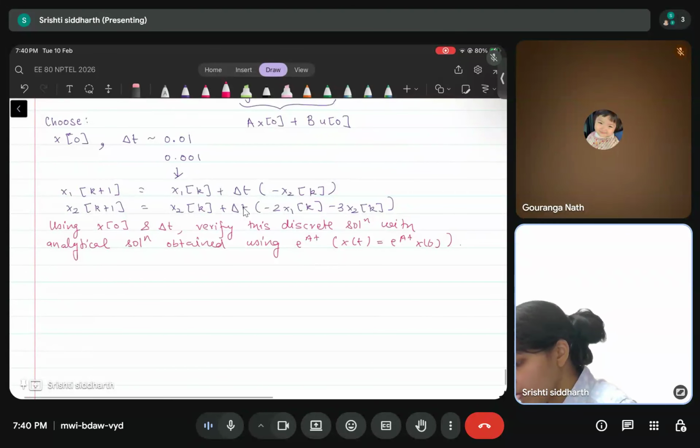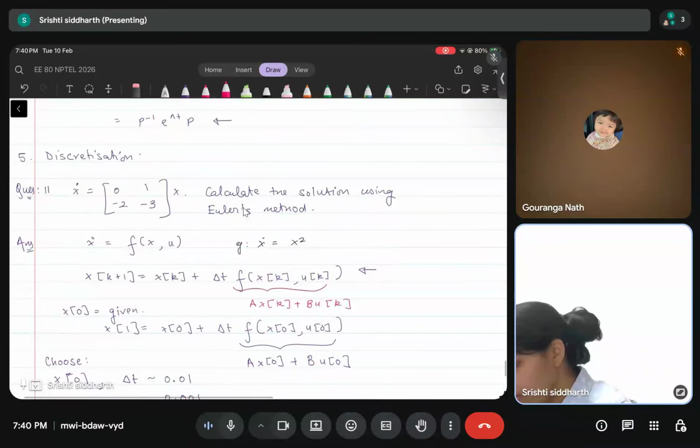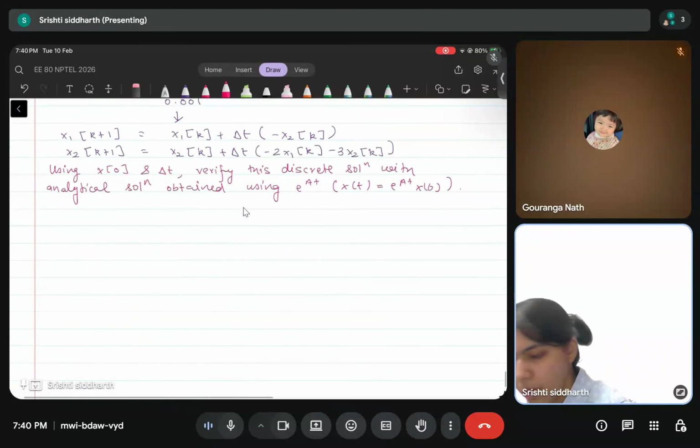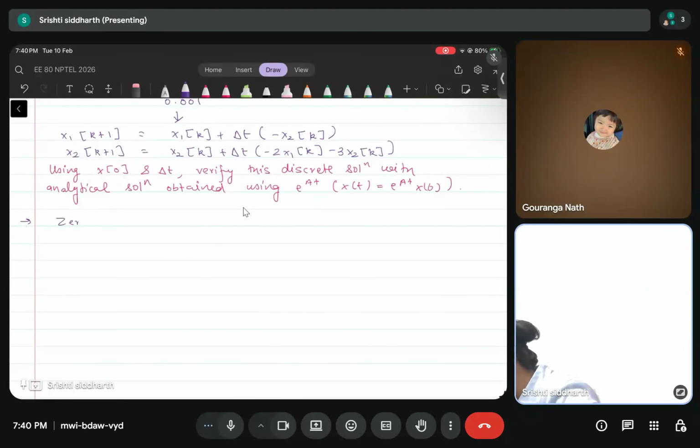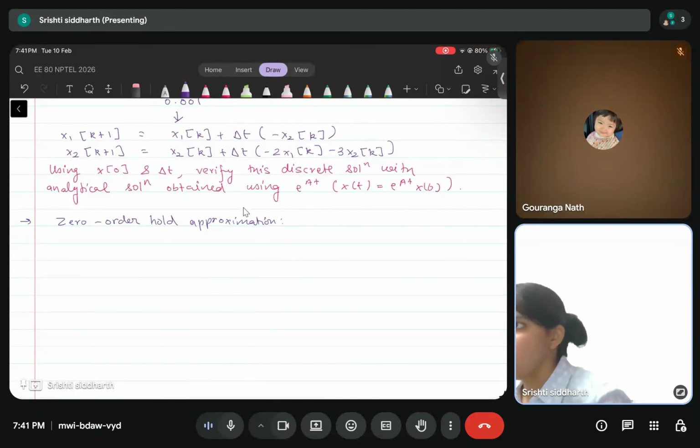Now another way of getting discrete solutions is using the zero order hold approximation. So let's say we have a system with the input, I think we have done one question on it.